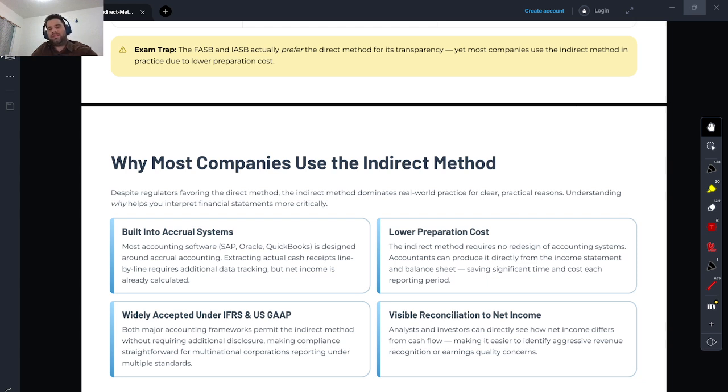Third, it provides a clear reconciliation between net income and operating cash flow. This is extremely useful for analysts because it helps identify aggressive revenue recognition, poor earnings quality, or working capital problems. So while regulators may prefer the direct method for transparency, companies overwhelmingly prefer the indirect method for practicality and cost efficiency.